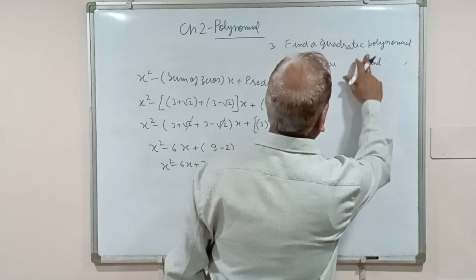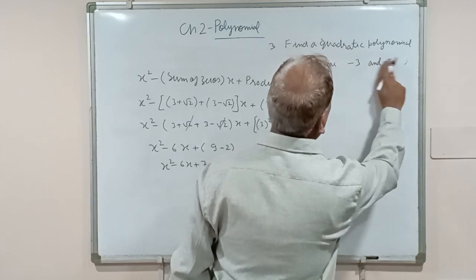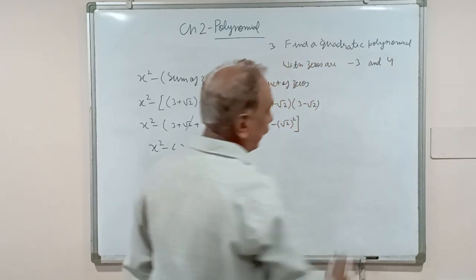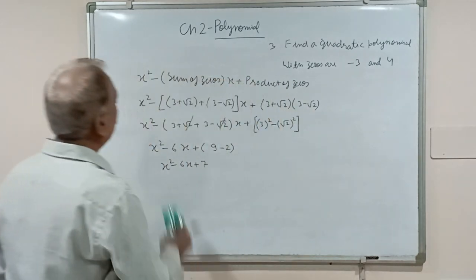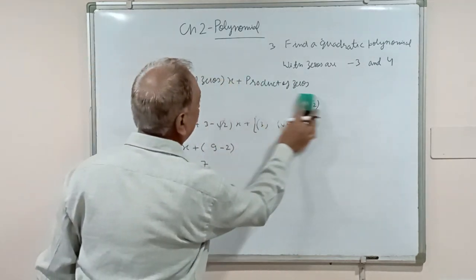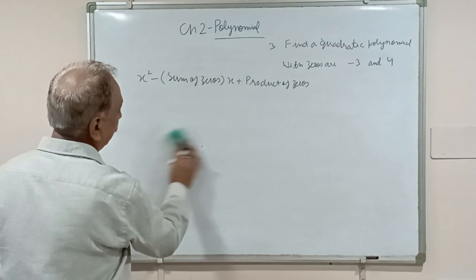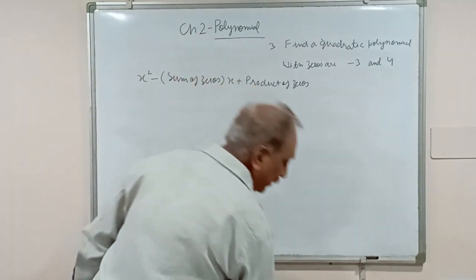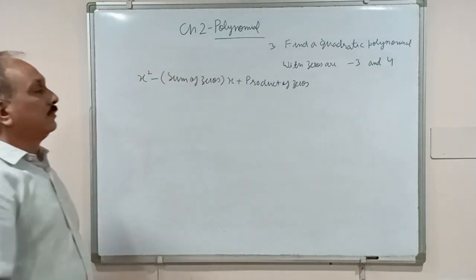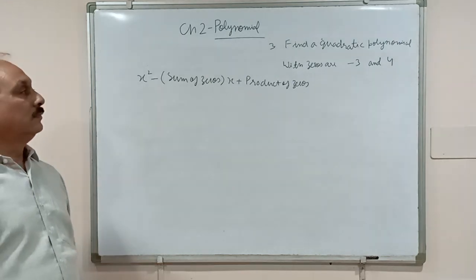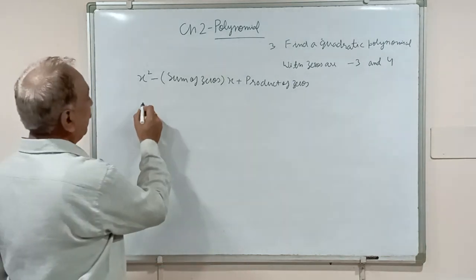If zeros are minus 3 and 4, you can try this sum. Try everyone. Same process.